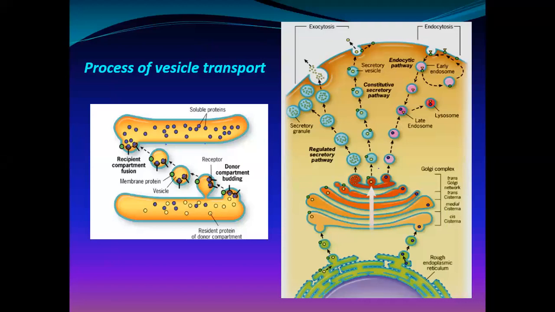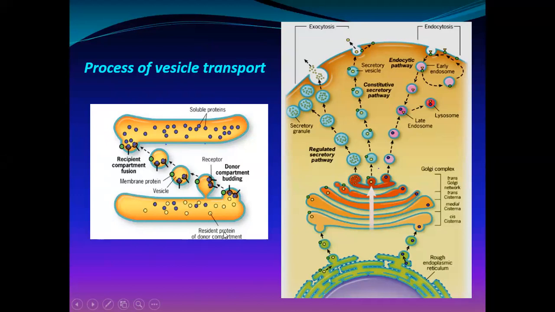When you look at the process of vesicle transport, you can see there are two compartments. Look at the picture on the left-hand side, where my cursor is moving. Suppose this is one of the compartments or cisternae of our RER.